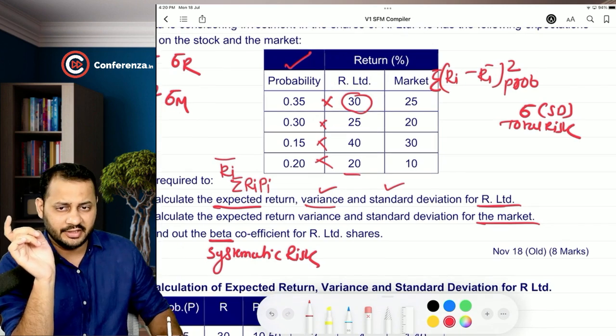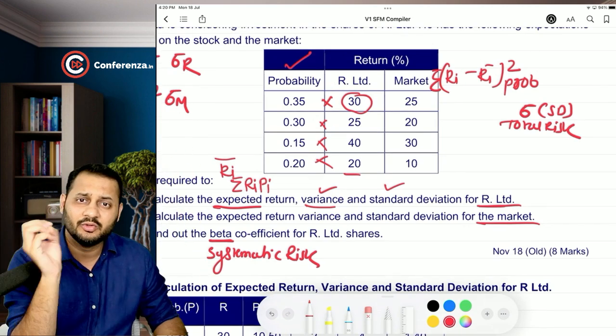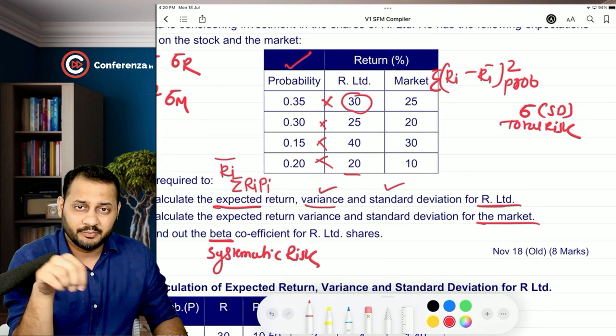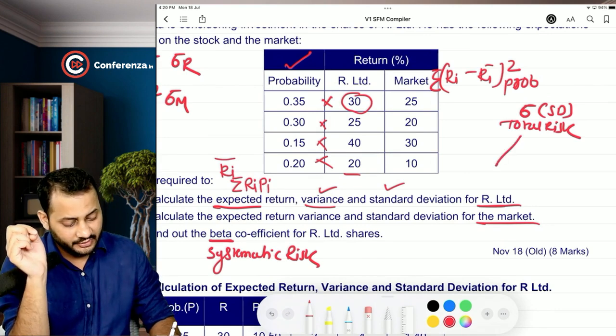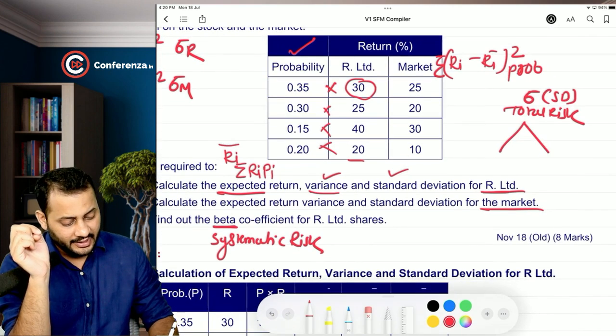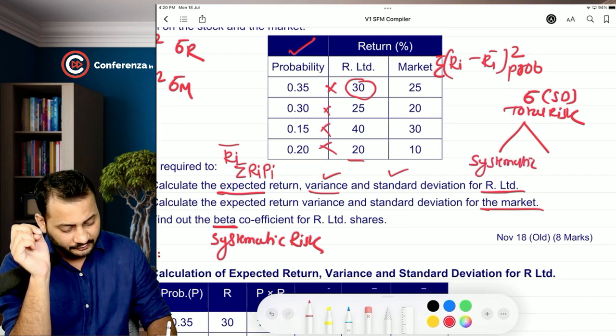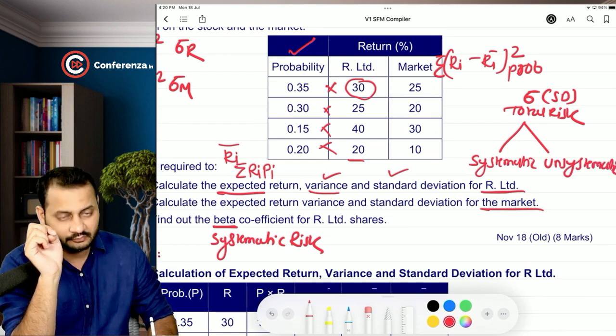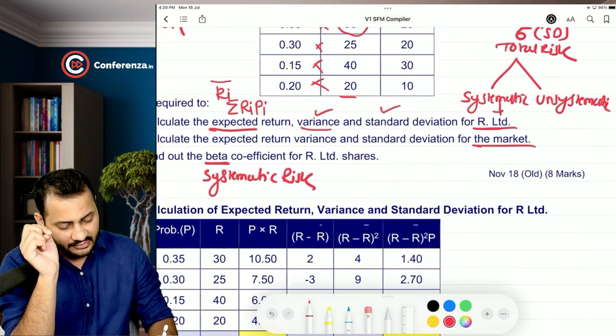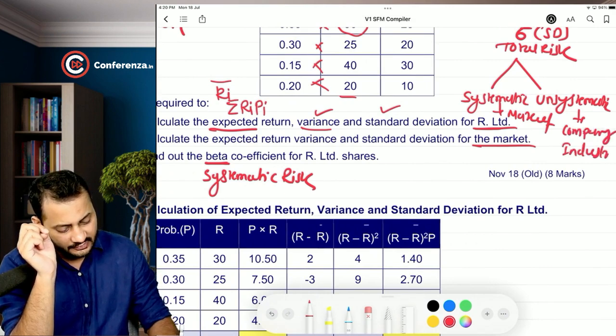The standard deviation that we have been calculating in the previous question is a measure of total risk, and it can be divided into two parts: systematic risk and unsystematic risk. Systematic risk is a market specific risk, and unsystematic risk is a company or industry specific risk.